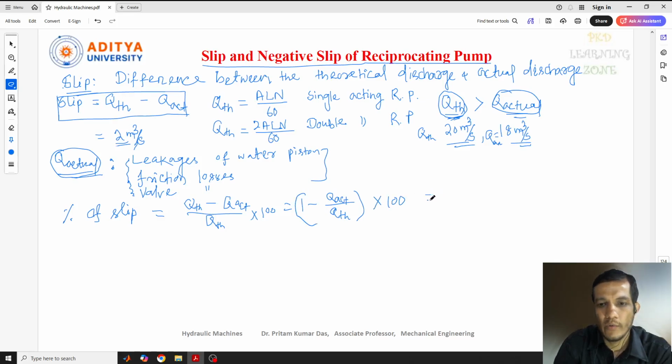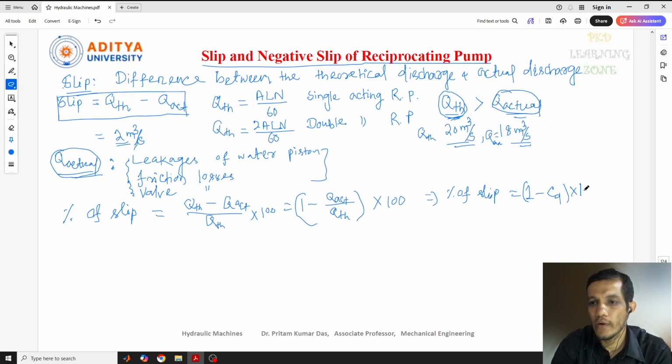So finally, the percentage of slip is equal to 1 minus Q actual by Q theoretical, that is 1 minus Cd, I'll tell you what is Cd, bracket close, into 100.